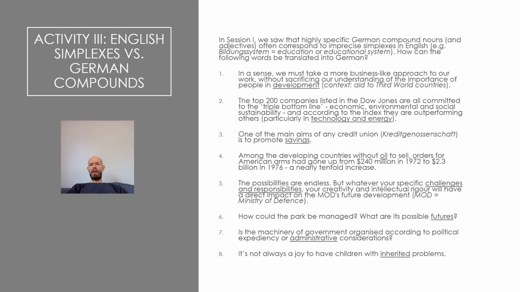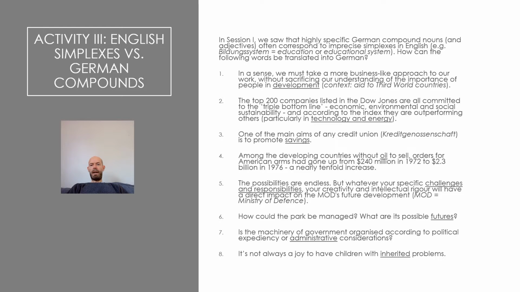One of the main aims of any credit union is to promote savings. Savings, in this case, is the activity performed by savers, and that in German is usually referred to as Spartätigkeit, also die Spartätigkeit fördern. Among the developing countries without oil to sell, orders for American arms had gone up from blah, blah, blah.